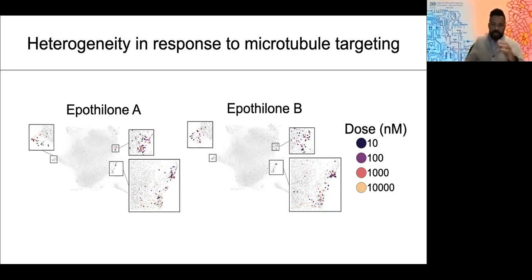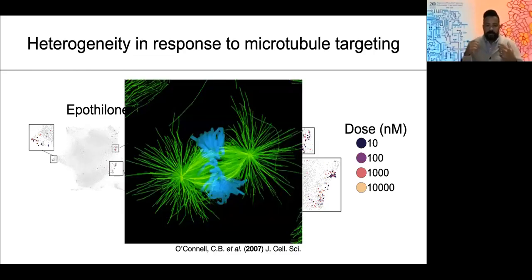Now, these accumulations are significantly different compared to control. So we wanted to understand what is leading to these differential responses that occur at virtually all doses of exposure. Now, these compounds target microtubules, which among other things are really critical for proper chromosome segregation.